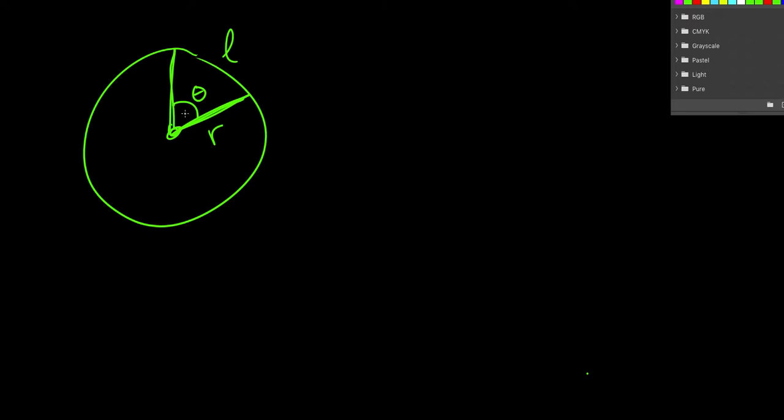So it says we have a sector, which once again just means a piece of pizza, and it has a radius of 12 centimeters and an angle of 3 radians.